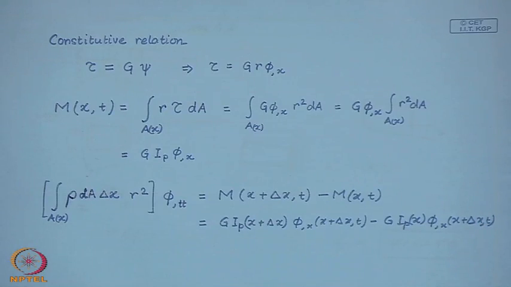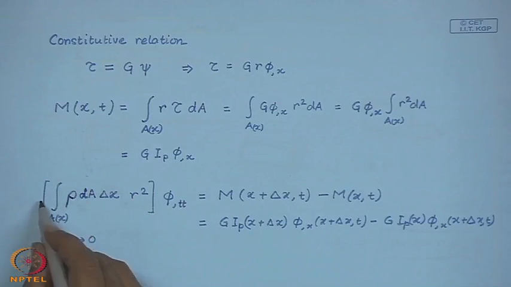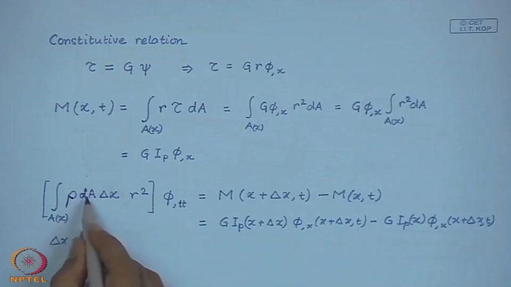Now, if I divide this whole equation by delta x and take the limit delta x tends to 0, and identify this r square dA integral, rho can come out of this integral. So, the r square dA integral over the face is once again the polar moment of the area.